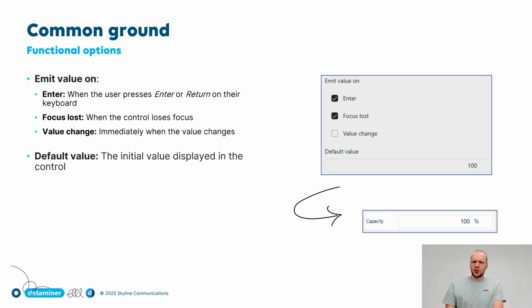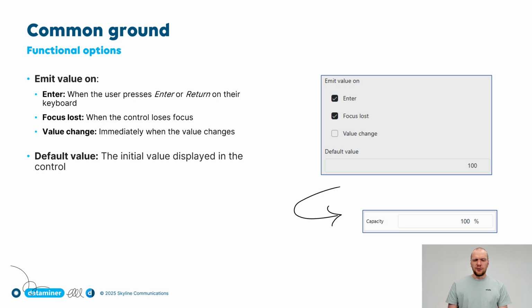We also have some functional options. The first one determines when a value is being emitted. And we have 3 options there. We want to expose the value that is available in our control whenever the user hits enter or return on their keyboard.